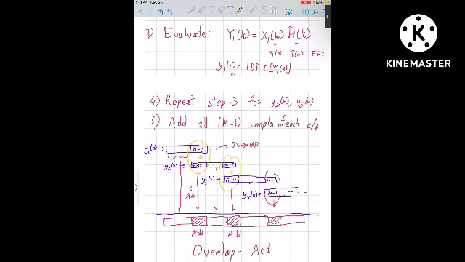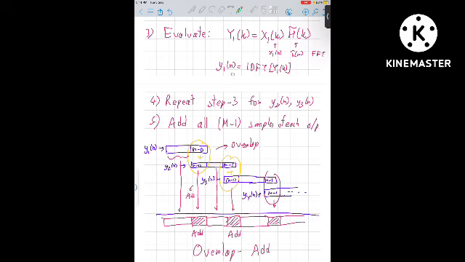Similarly, here we have m minus 1 points and we have y3 of n over here, which also has m minus 1 first points. We will add these two. Here also we have m minus 1 from the last and m minus 1 from the first, and this will keep on going.